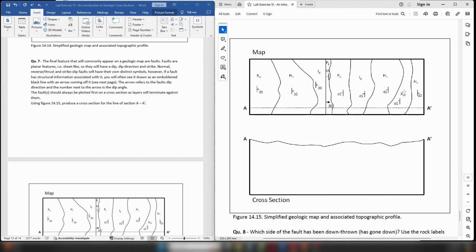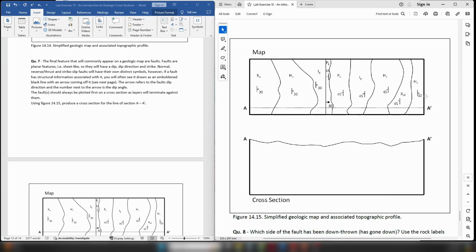Very important. I would also like to point out over here, we have a change in the dip angle. So this is telling us something about how this layer is changing its dip angle. So we can see over here, this cluster of dip and strike symbols is pointing in one direction, and this cluster, this single symbol over here is pointing in a different direction.